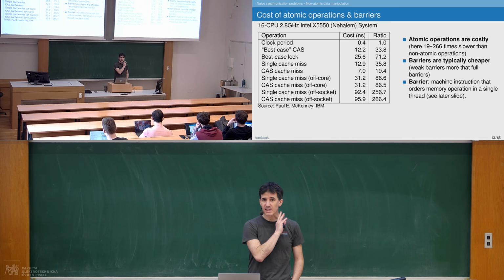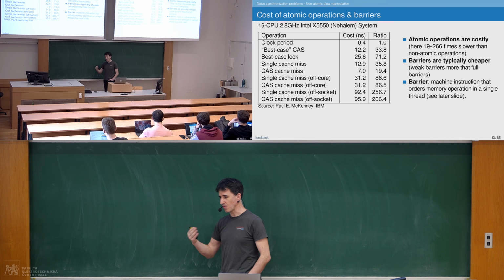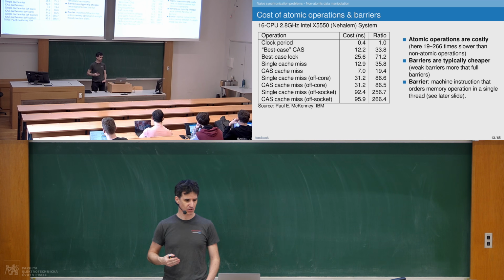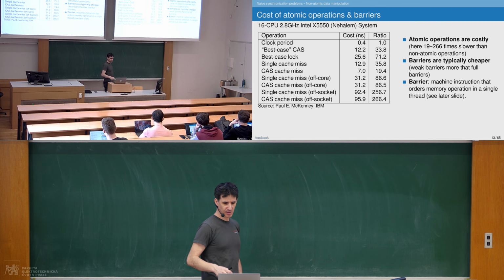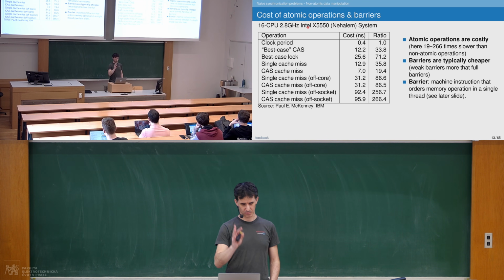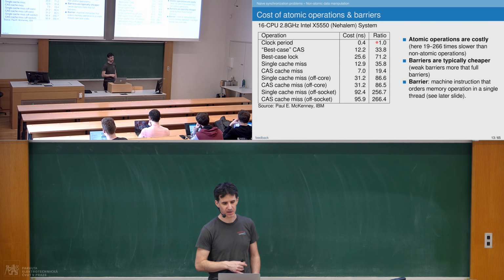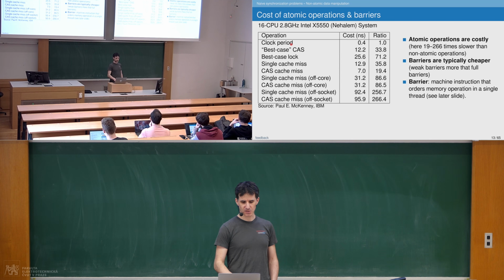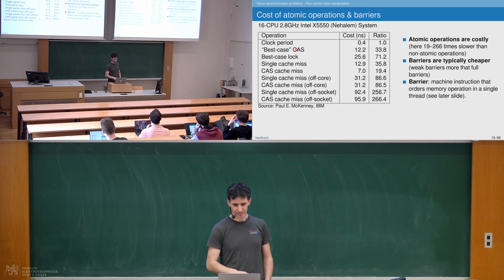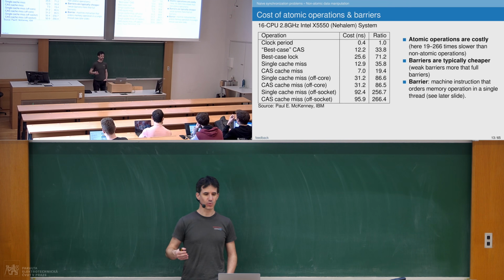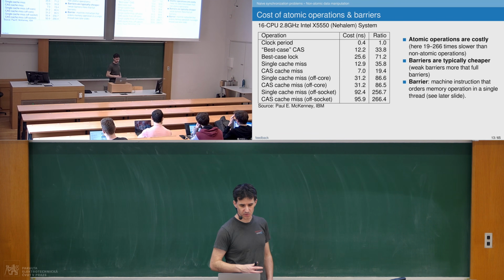To demonstrate how much slower an atomic instruction can be, here you can see some benchmarks on a quite old system, but the numbers are not very different today. There is this compare and swap instruction, and how long does it take to execute this instruction under different circumstances.